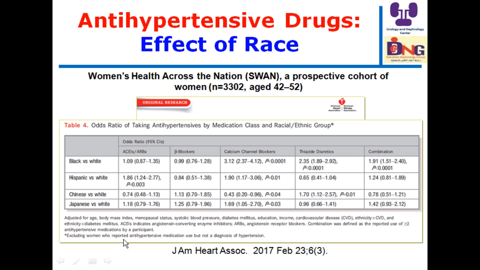Thiazide diuretic utilization is increasing over time for all races, as did use of calcium channel blockers among blacks. So here the use of calcium channel blockers and diuretics in blacks is increasing. Both patterns are in line with guideline recommendations. So this is just to show this.